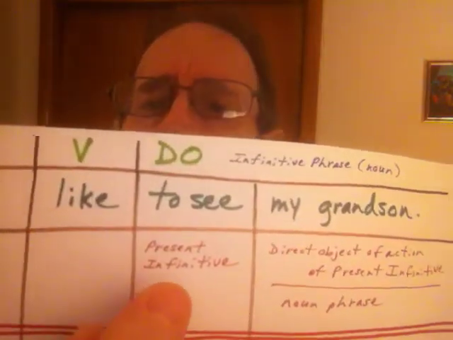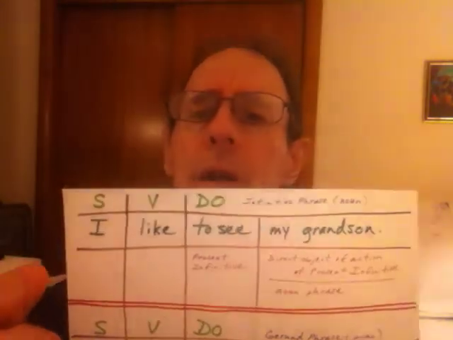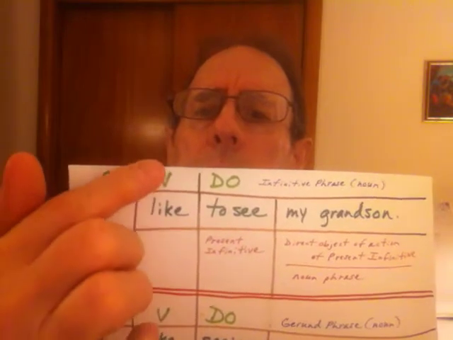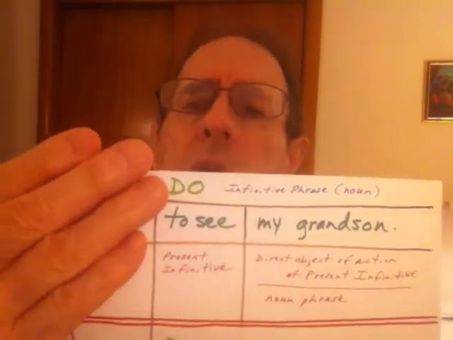Here you have your present infinitive, and here you have something going on here. You have I, the subject, like is your predicate verb, your main verb, and here, to see my grandson is a direct object. That's a direct object in that sentence, and you could call it an infinitive phrase.